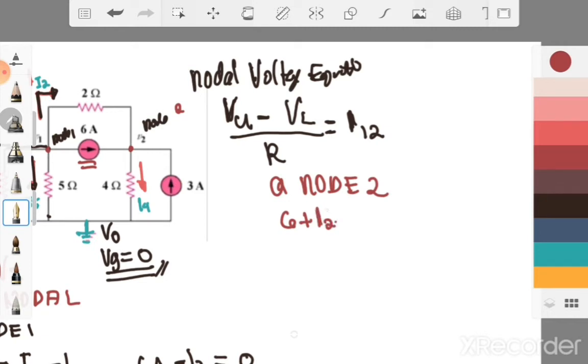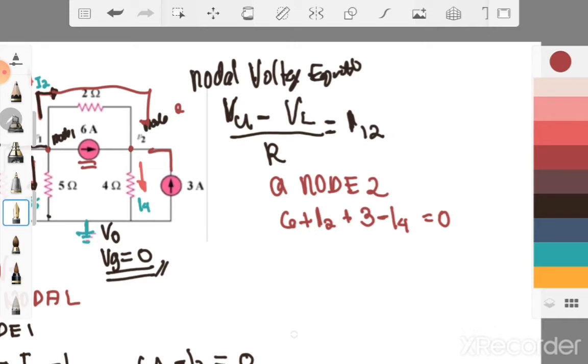Plus I2, plus your 3 amperes kasi pumasok din siya sa V2. Mapapansin mo yung arrowhead. And then, I indicated that your I4 is going out the node V2, which means papunta siya sa V0. So, it is going out your V2, so therefore it is equal to I4 equals 0.